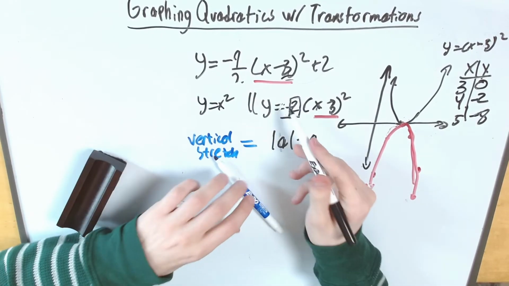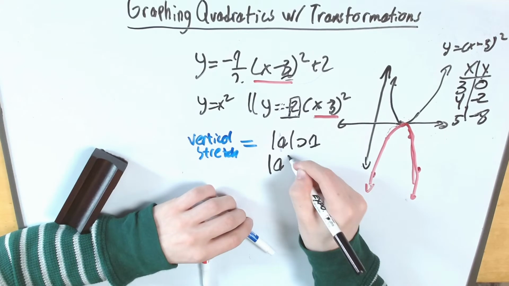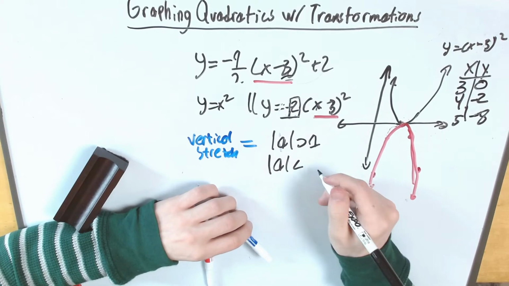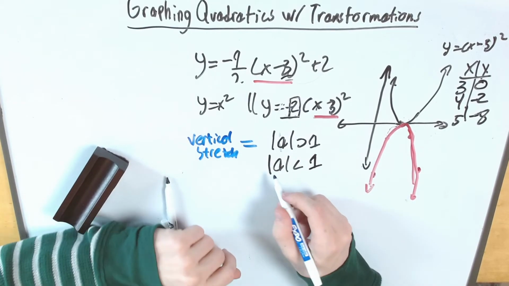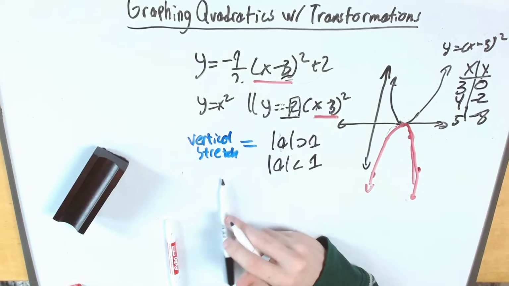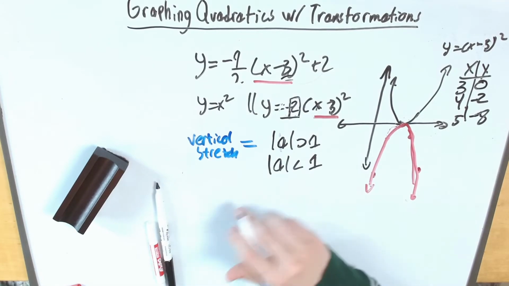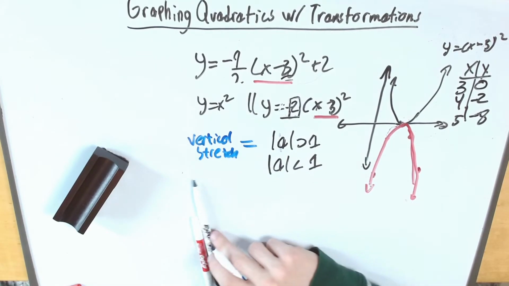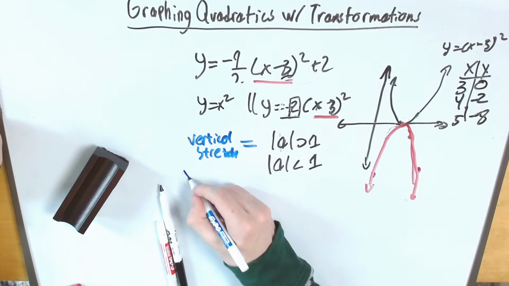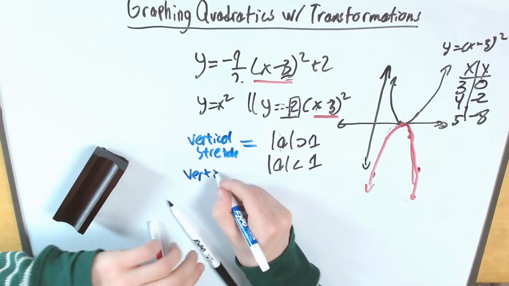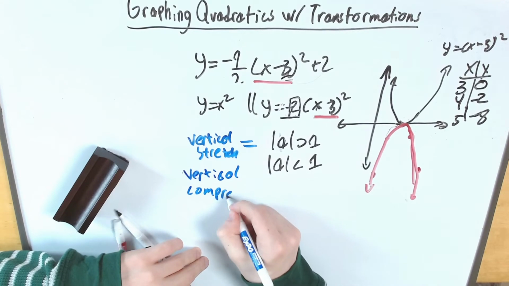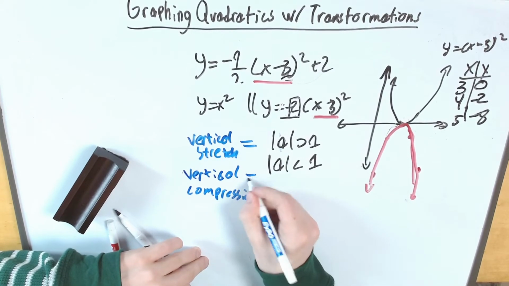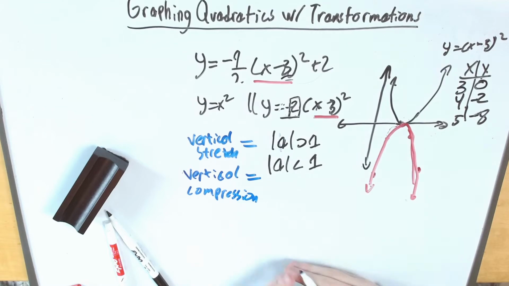But if this whole number, the absolute value, is less than 1, like if this was -1/2, right? That the absolute value would be 1/2, which is less than 1. So it would be a vertical compression, and we'd have a decreased slope, a less steep slope, right?